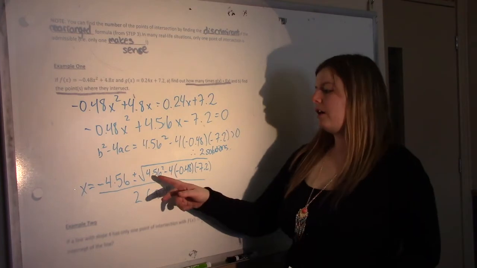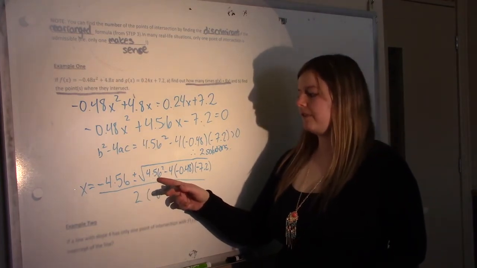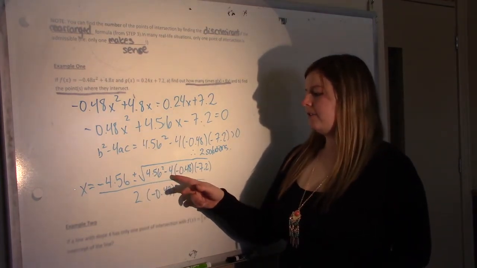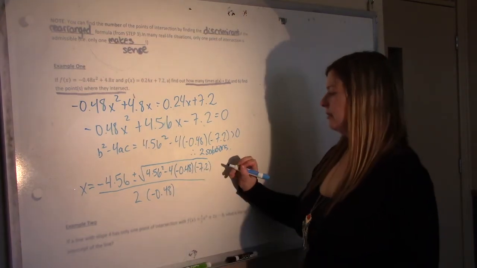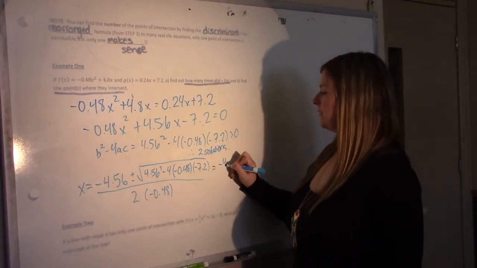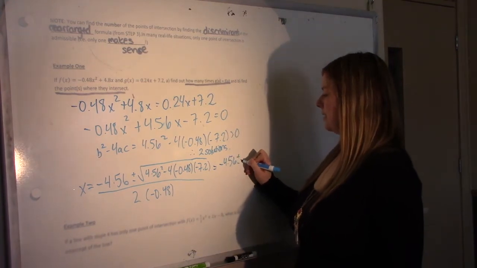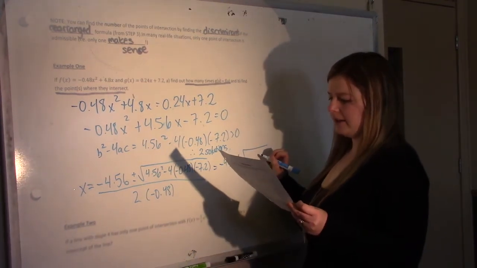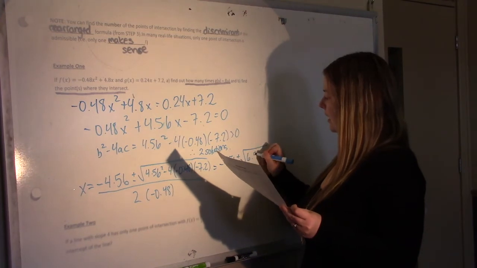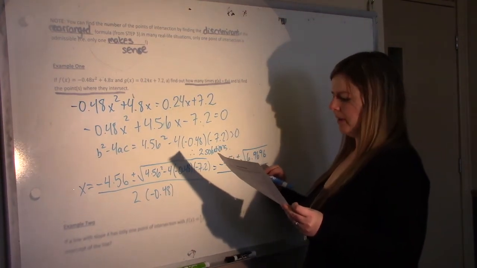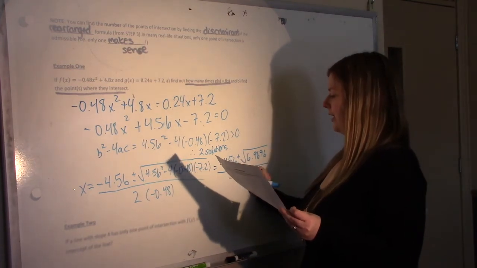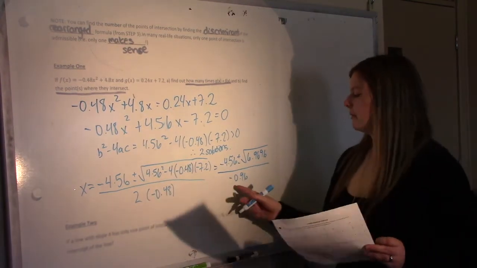Okay, so putting in your calculator 4.56 squared minus 4 times minus 0.48 times minus 7.2. So then that should give you minus 4.56 plus or minus the square root of 6.9696 all over negative 0.96. Okay, you can also do this quick multiplication there.